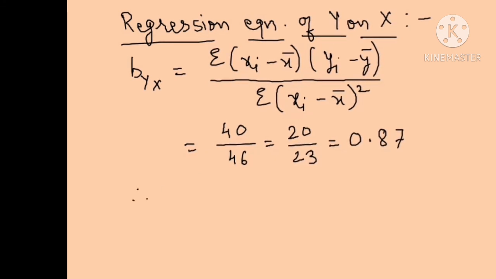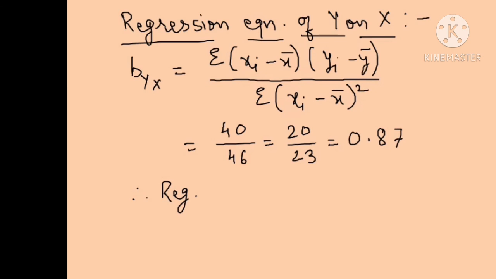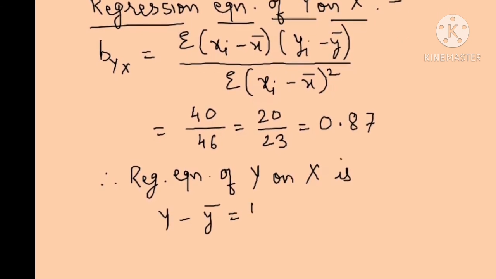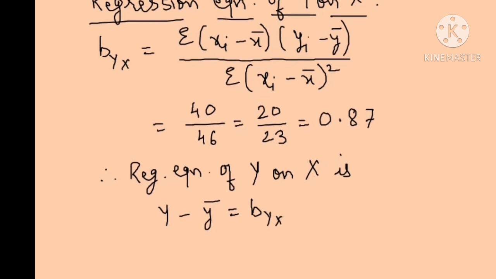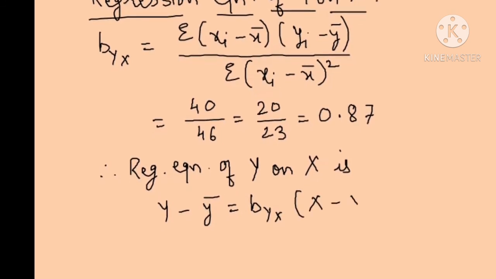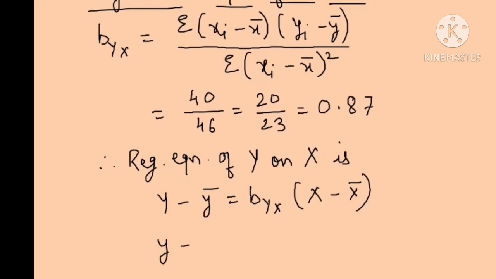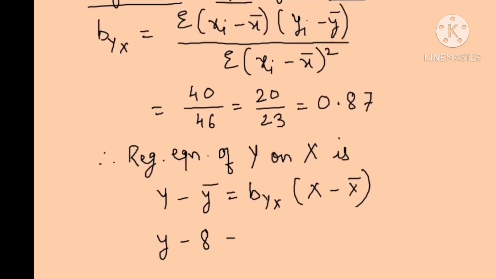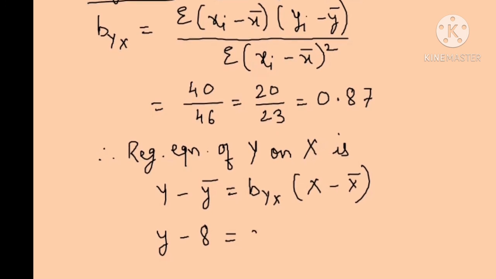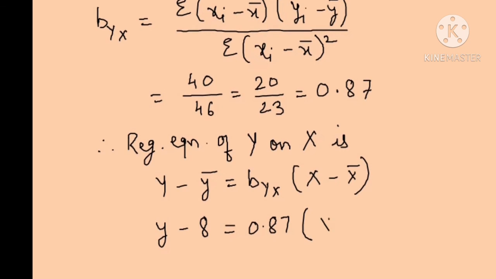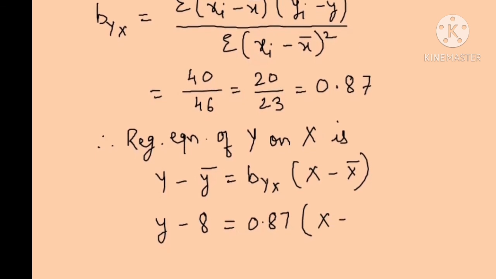So the regression equation of y on x is y minus y bar is equal to byx into x minus x bar. So let us substitute. Y minus y bar, we have got 8, is equal to byx, which is 0.87, x minus x bar is 14.